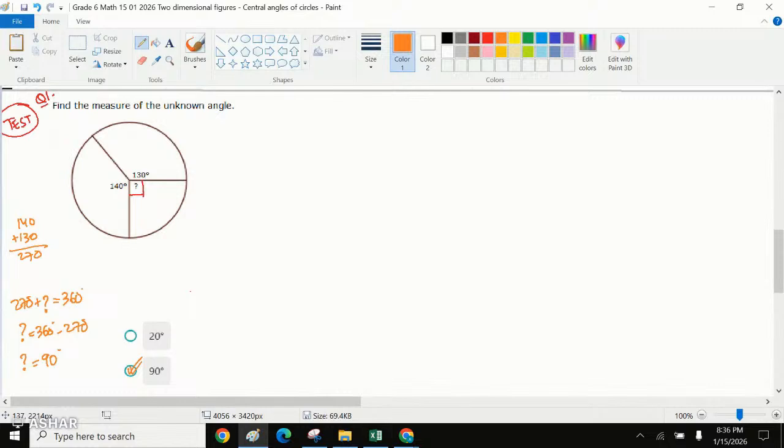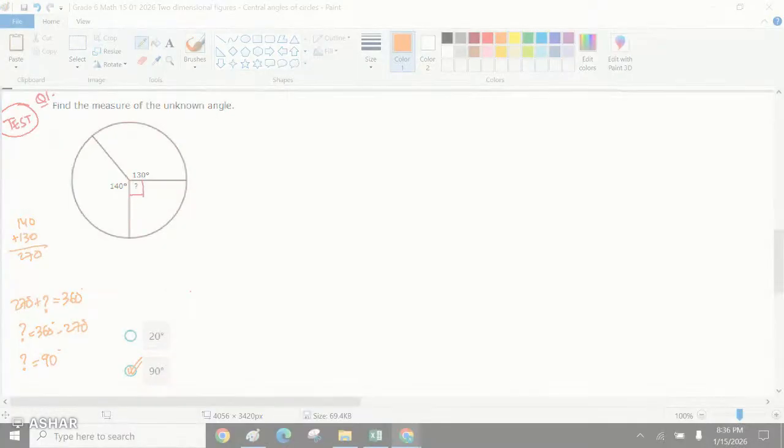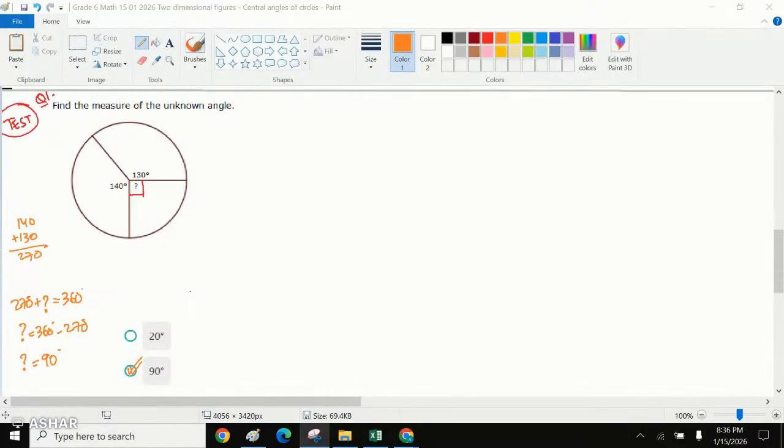And we could have found it just by looking at the question as well, because 20 degrees would be a very small angle, right? And 90 is always a quarter. The first thing we did was we broke down a circle into a semicircle and a quarter, right? So if ever we have a quarter of a circle, we will consider it as 90. Okay.